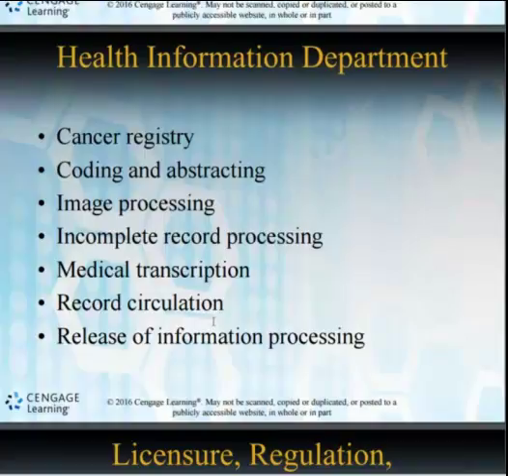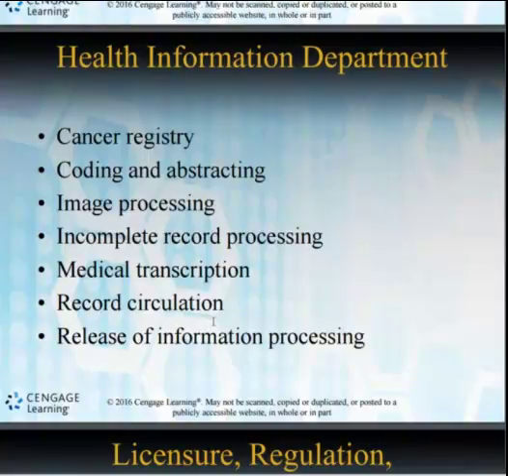Coding is where we assign either a number or an alphabet code to a diagnosis and procedure. And then abstracting is where we're actually taking that information and putting it into other areas to gather insurance data. We can do it for research. It's a way of looking at reports and making decisions as far as care and funding for the hospital.